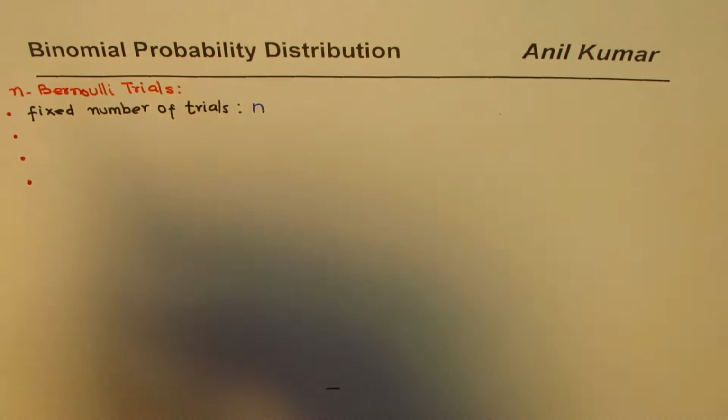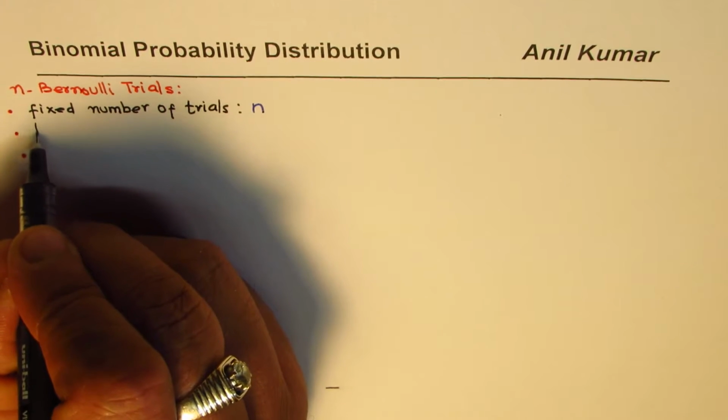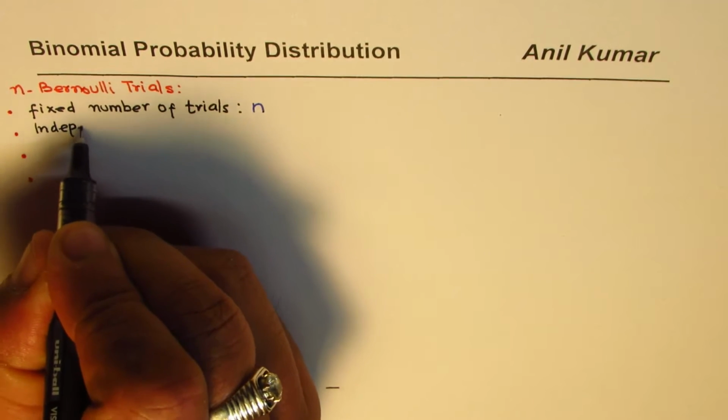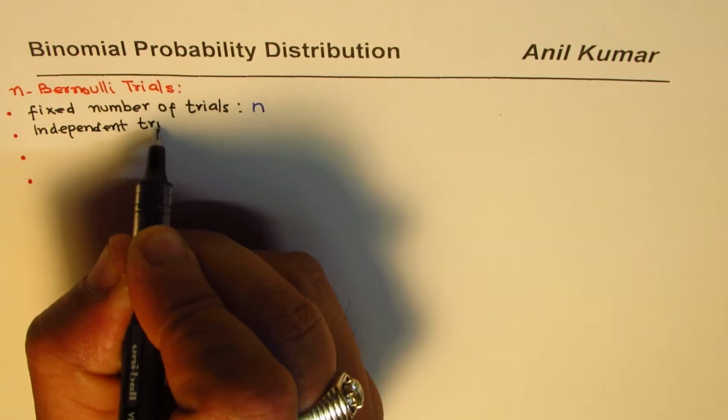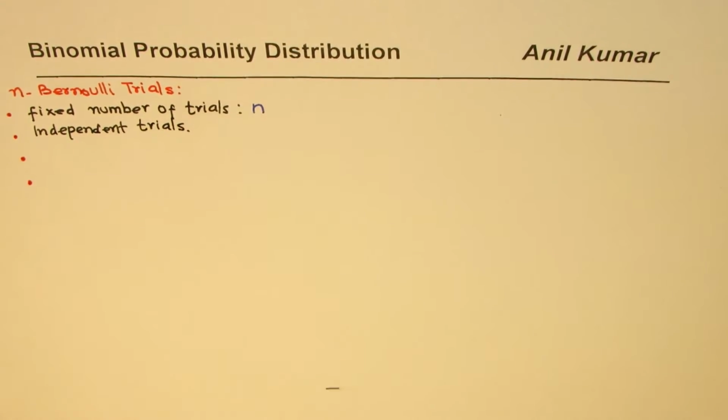And then we should know that all these trials are independent. I hope you remember from when we were working with probability, if we do independent trials one after the other, then their probabilities get multiplied. In independent trials, the probability of each event remains the same, so it is not affected.